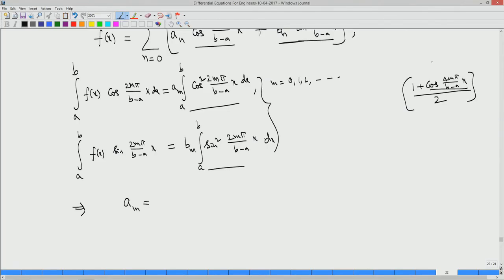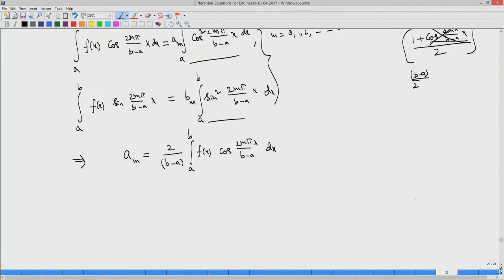So this will not contribute. Finally, the integral value is 1/2 the integral from a to b, that is (b−a)/2. If you bring it to the other side, a_m equals 2/(b−a) times the integral from a to b of f(x) cos(2mπ/(b−a) x) dx.